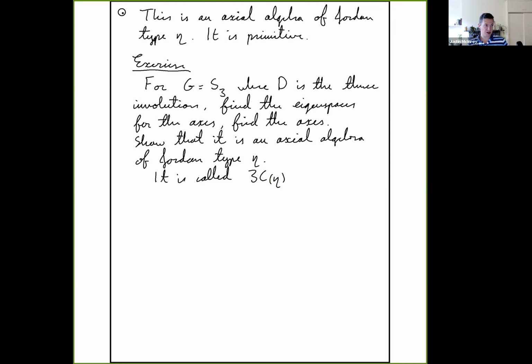Again, 3C refers to some conjugacy class. And so when we do this for general eta rather than a quarter, then we just call it this. Okay, so those are my examples. What I promised you this time, though, is that I would talk to you about automorphisms. So let's do that now.